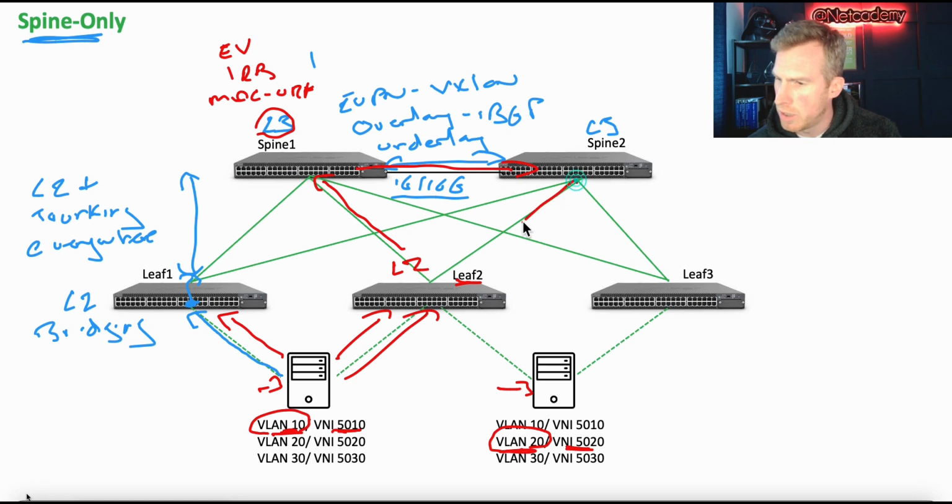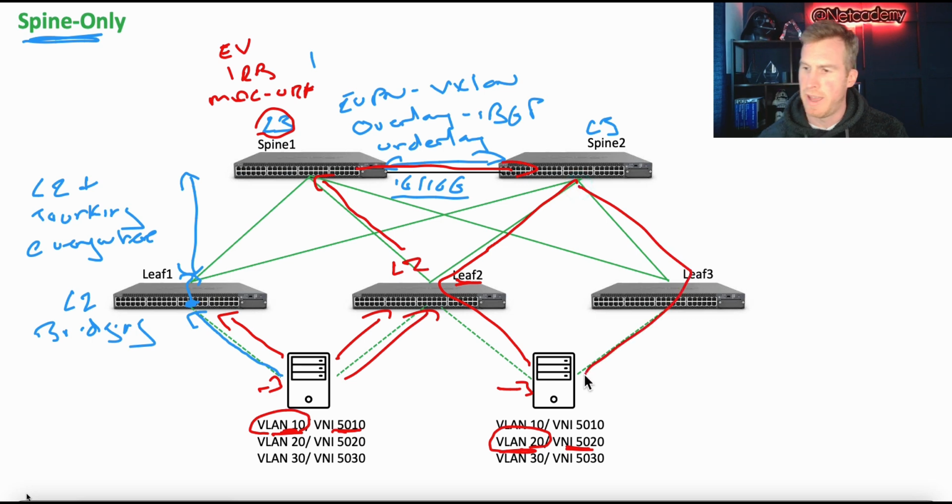Then it could come back down to leaf 2 to send onto that server there, or it could come down to leaf 3 and onto the server. Really, the big point here, though, it doesn't matter if spine 1 sends it over to spine 2, is that all the routing is taking place at the spine layer. The leaves are literally just doing layer 2 bridging.